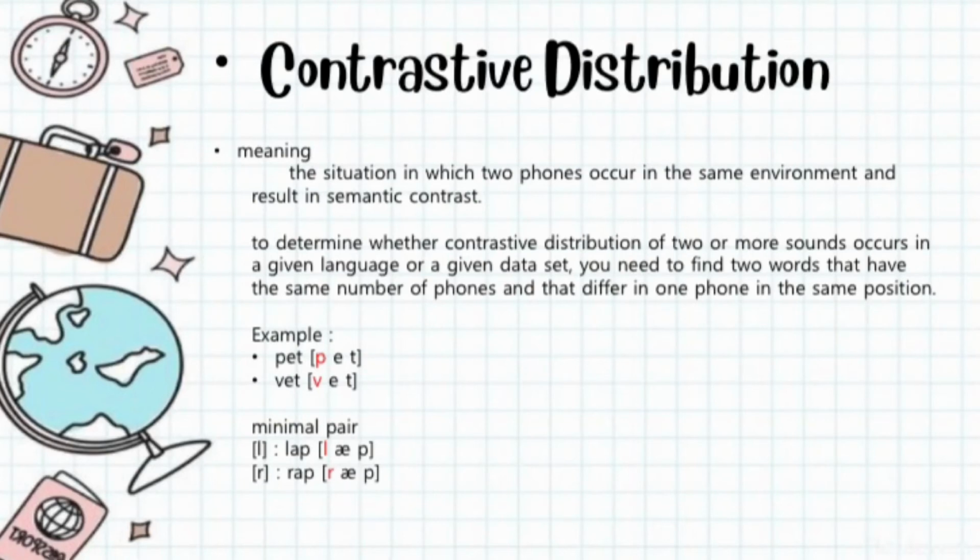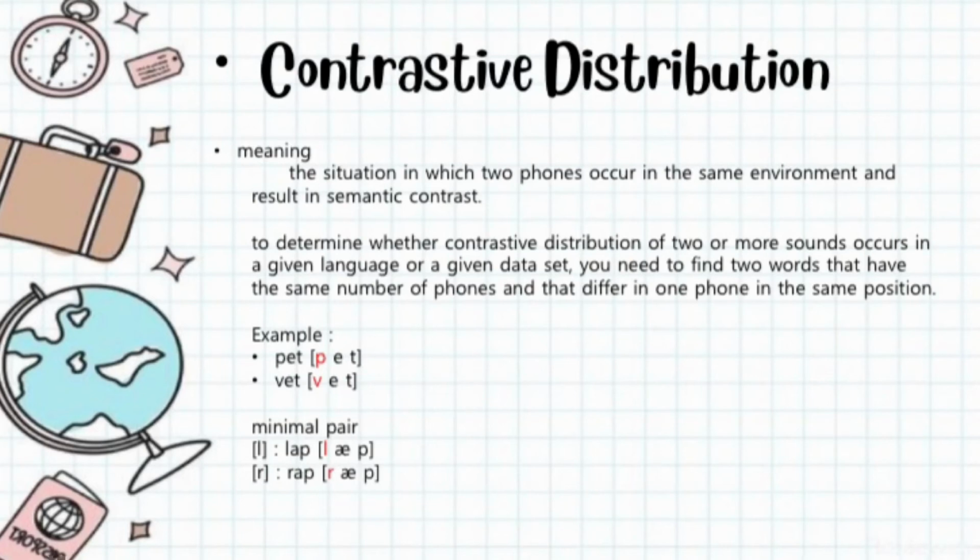At first glance, if you listen, pet and vet sound like the same. However, if examined, pet and vet have differences, namely the first letter. In vet, v is the first letter, while in pet, p is the first letter. And another minimal pair is l and r.